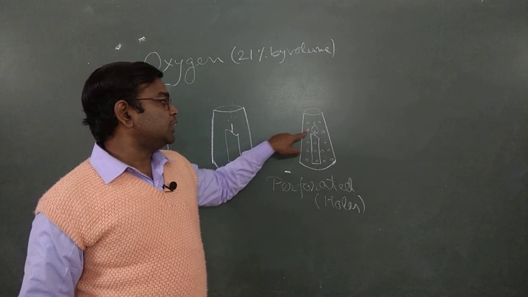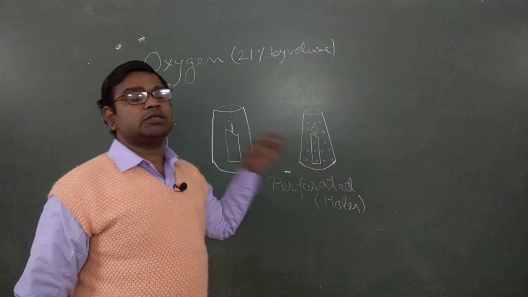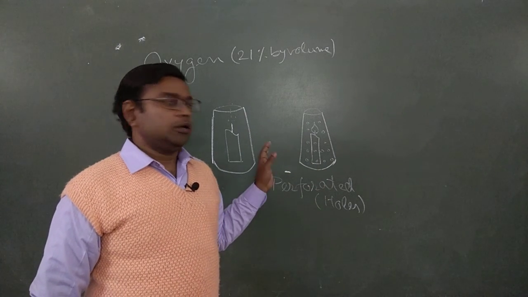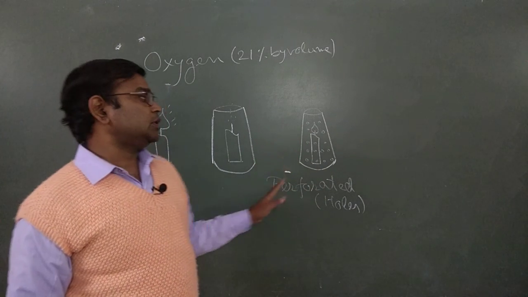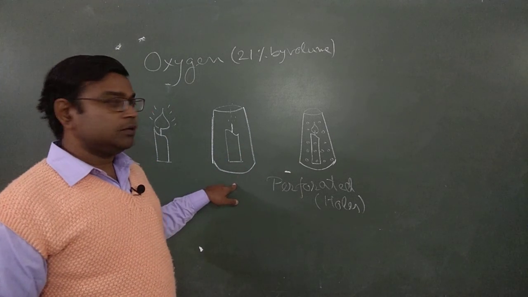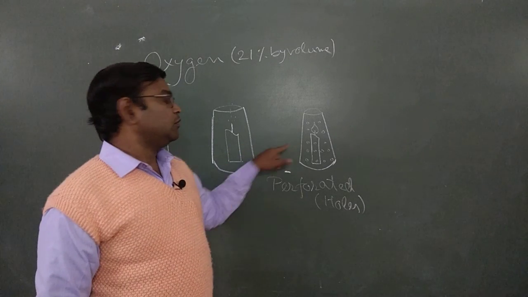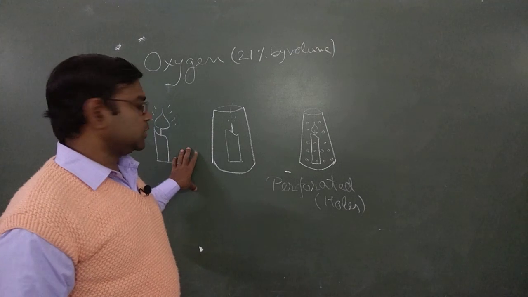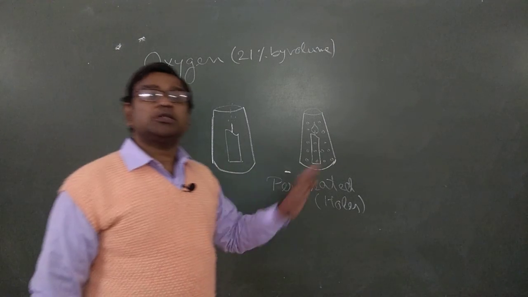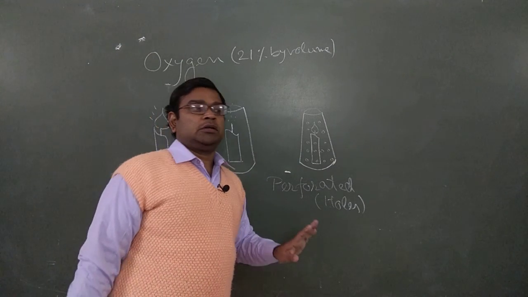We observe that the candle continues burning. It is not extinguished. It means that air or oxygen is required for burning. This is a very small activity. You can do this at home under the supervision of an elder person.